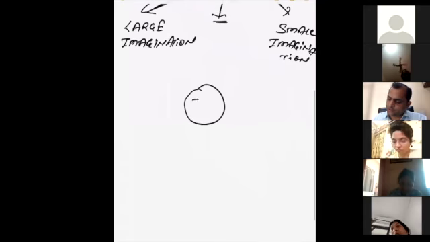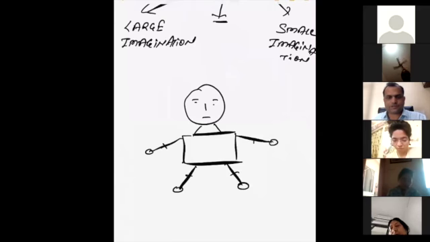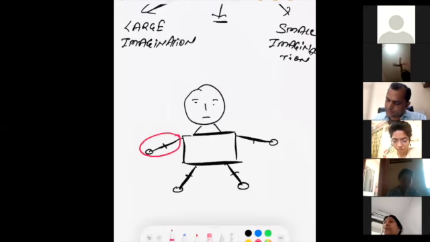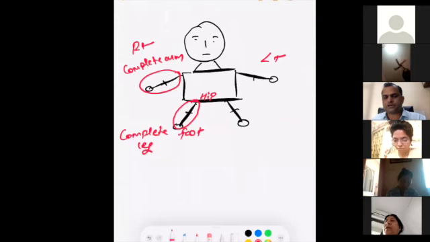So if this is the human body, the meaning of large imagination is we are choosing a complete arm, maybe right arm, maybe left arm, or we are choosing complete leg, from the hip to the foot.